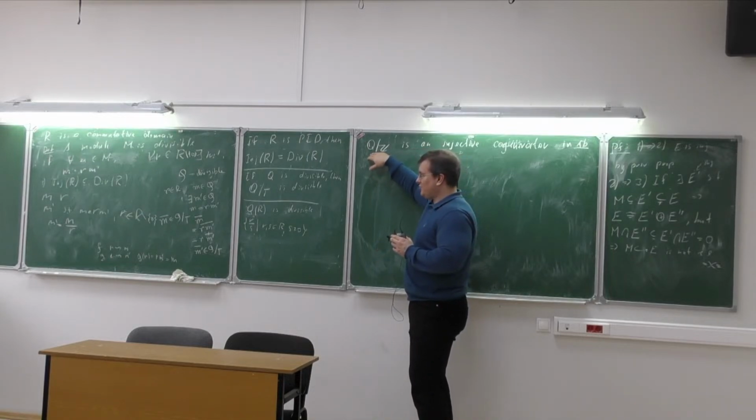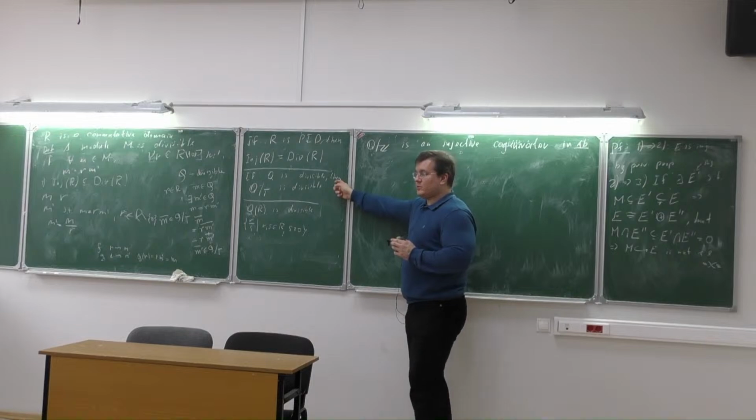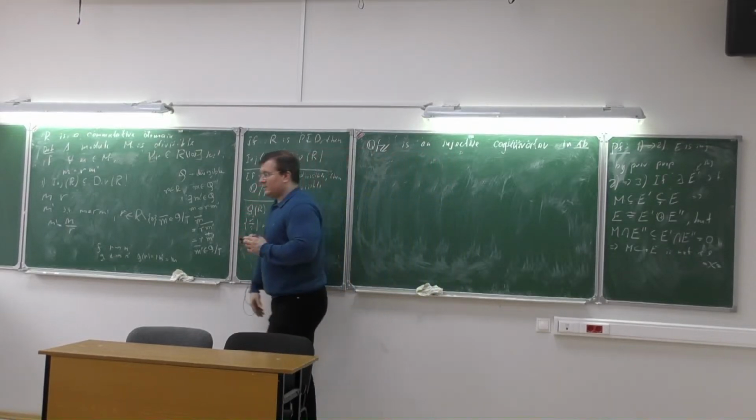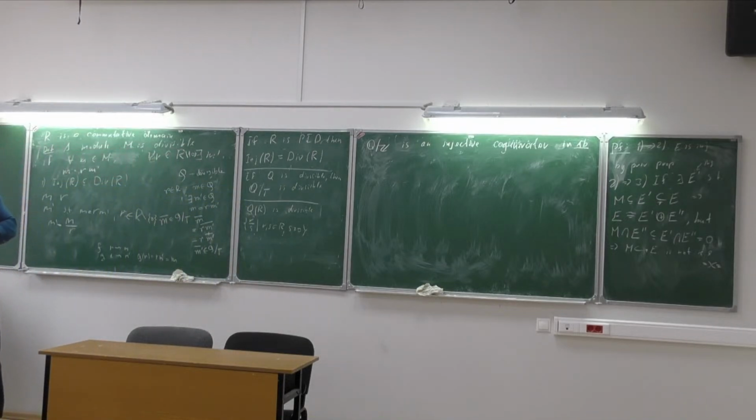This is just a combination of these silly exercises. Q modulo Z is divisible, and over a PID divisible is the same as injective. But I suggest that you give another proof that this quotient is a cogenerator. We already have the straightforward proof, but now we can give a much more elementary proof if you use the Baer criterion.